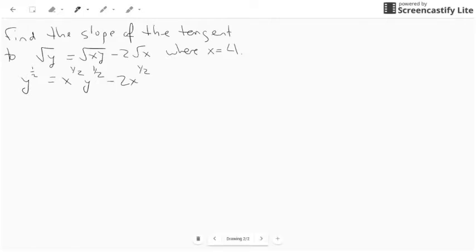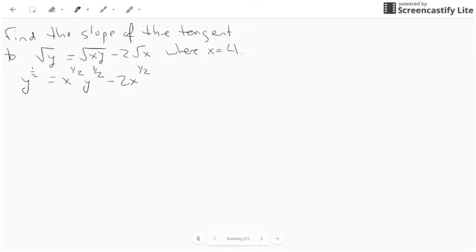Again, this is in terms of y. I very likely could get y by itself here, just by bringing some terms over and dividing. But that's not the point. I want to illustrate how you could do this implicitly.